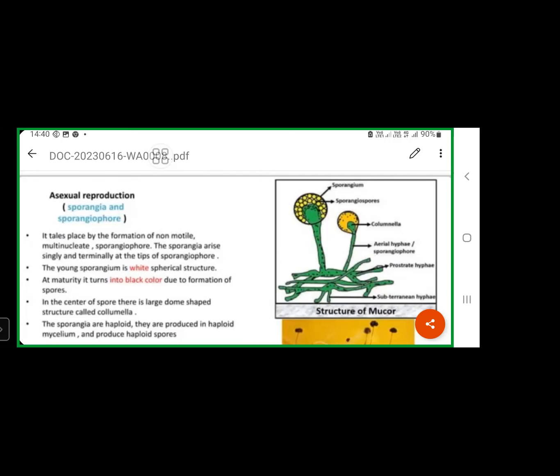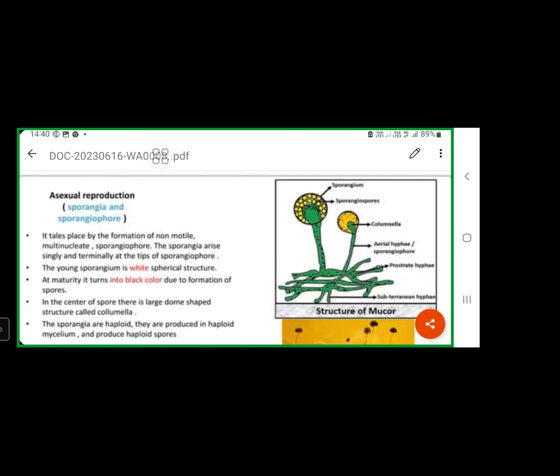The prostrate, horizontal mycelium helps in fixation onto the substratum as well as absorption of nutrients from the substrate. But some of the mycelial branches grow aerially, that is, above the substratum, in an erect manner, vertically.